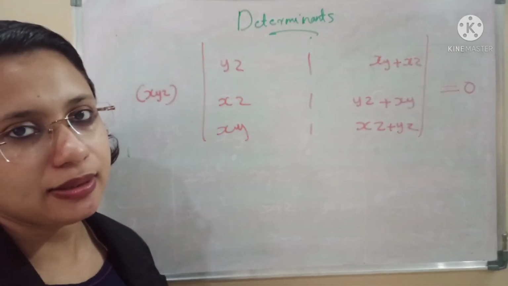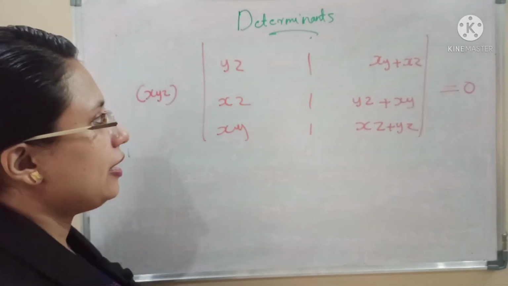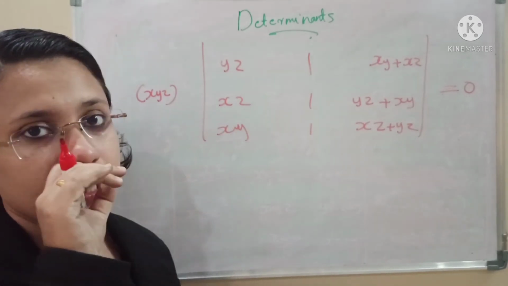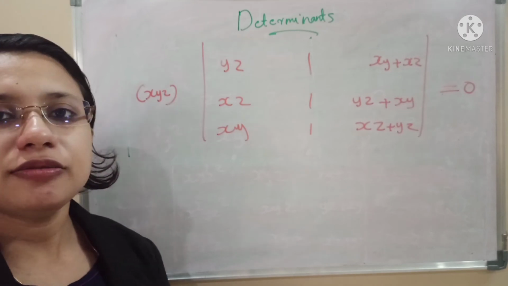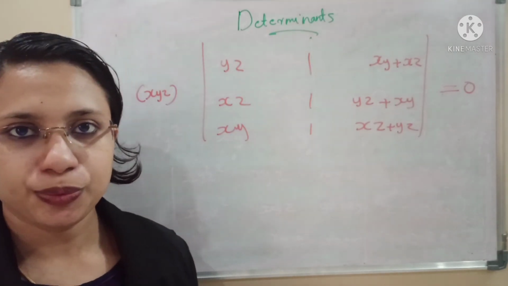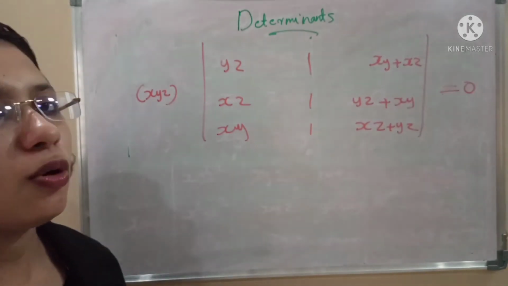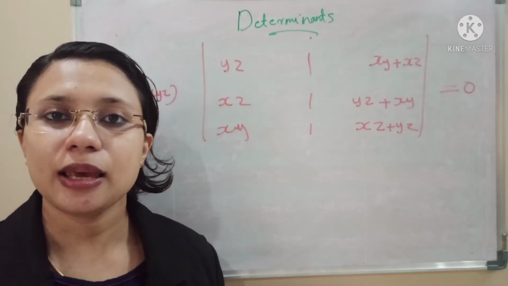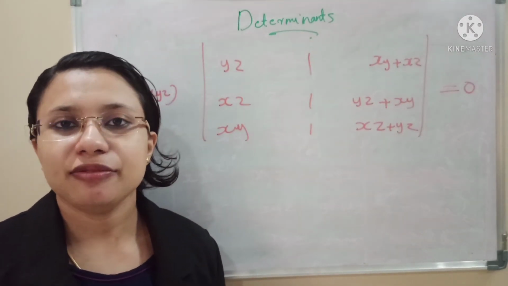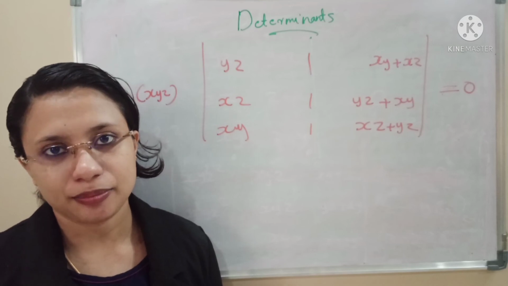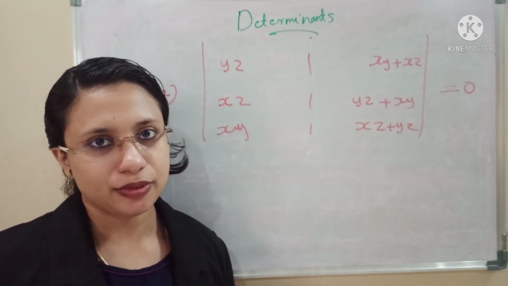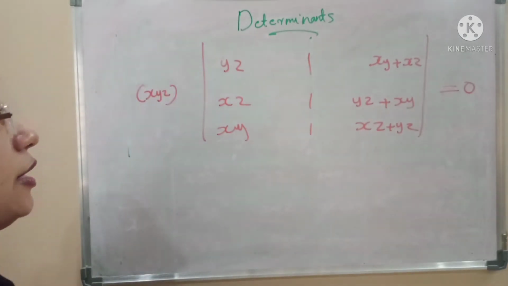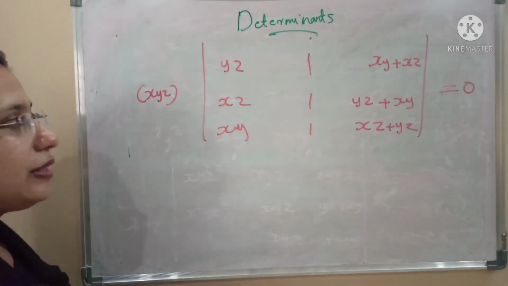Okay, identical means same elements in any 2 rows or any 2 columns, we can say that the whole determinant will give us 0. Because if 2 rows or 2 columns have the same elements, when we do the further steps, we are going to get 0 only, right? Okay, because the similar elements will get cancelled.